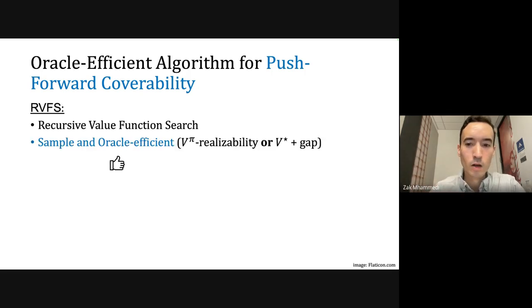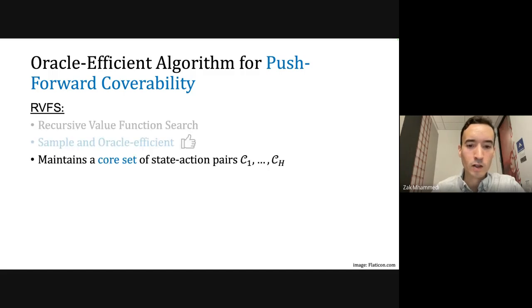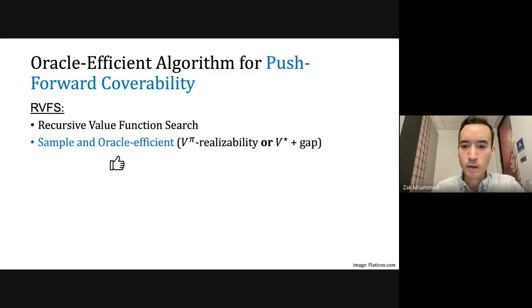It is both sample and oracle efficient and only requires either V pi realizability for all pi, or V star realizability with the gap. As we'll see, the oracle involves solving a convex program in function space, which is much simpler than other existing oracles in online RL.